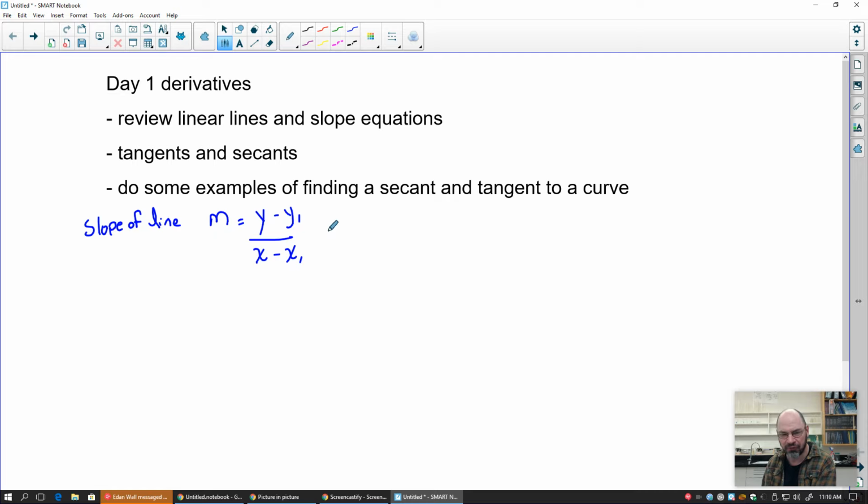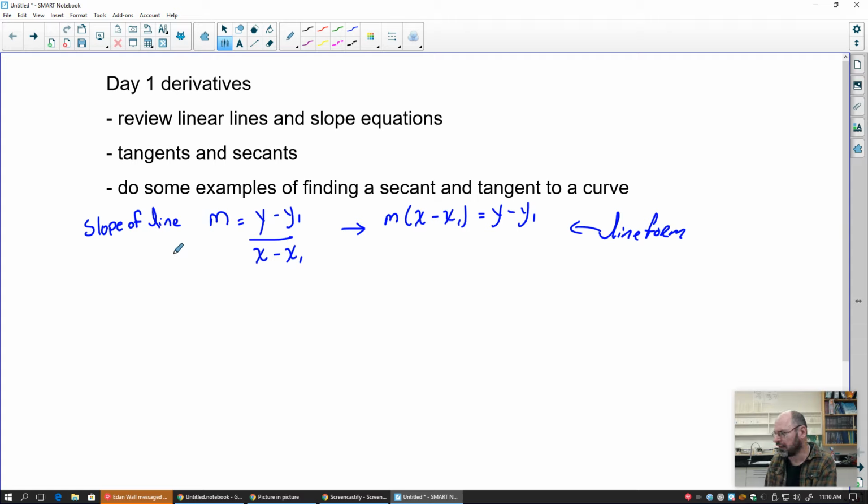If we rearrange this by multiplying out, it can be rewritten as m times (x minus x1) equals y minus y1. This is called the point-slope form. That's grade 10, a while back. Slope of a line.